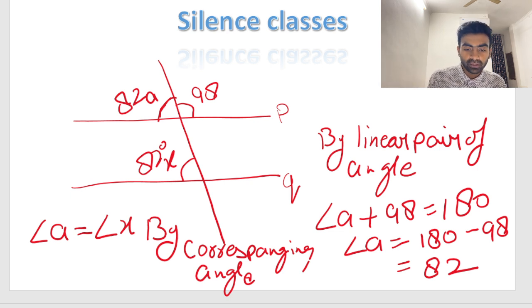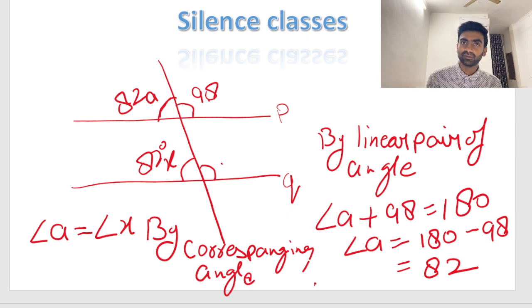You can also do it by this transversal is a straight line, so we can consider this one. If we find out this one, this will become 82. Okay, and by alternate interior angles we can find it out. These are the two methods by which we can find it out. Or we can take this angle and this angle should be equal by same corresponding angle, and by putting the linear pair of angles we can find out the value of this also.